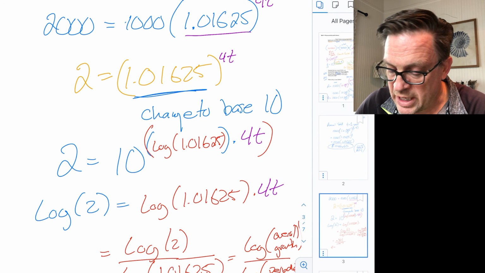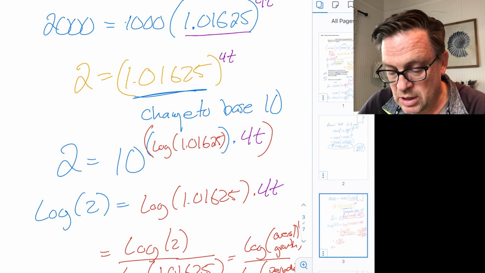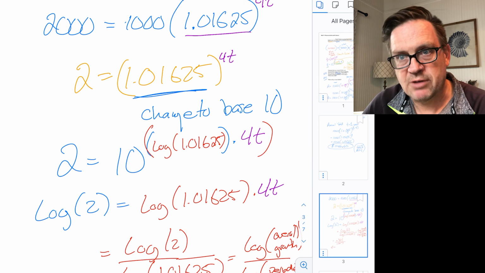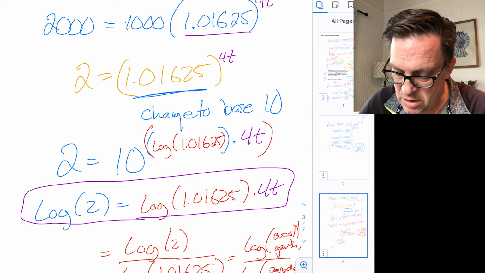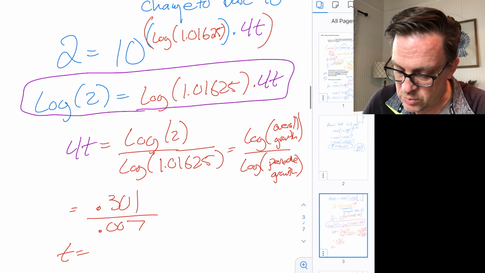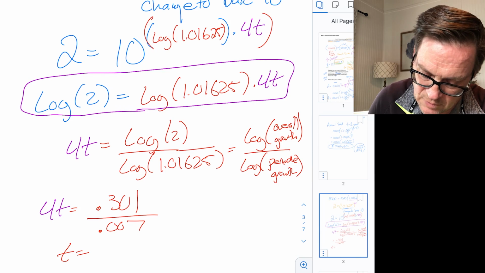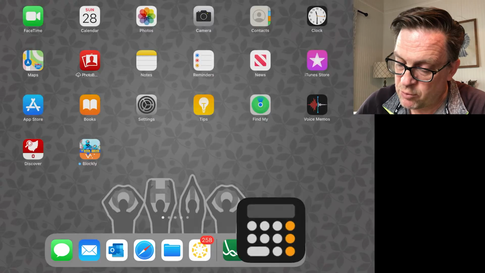And now we have 10 raised to this power equals 2, and the logarithm of 2 is defined to be the power you have to raise 10 to get 2, so that's equal to the power. And we can solve for 4t equals that. And 4t is about 43.